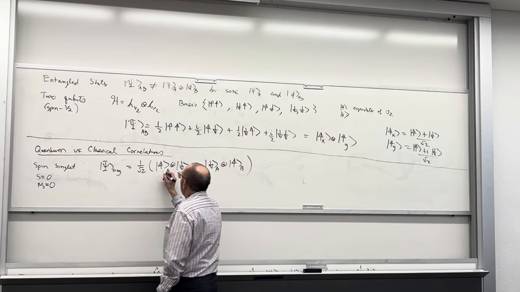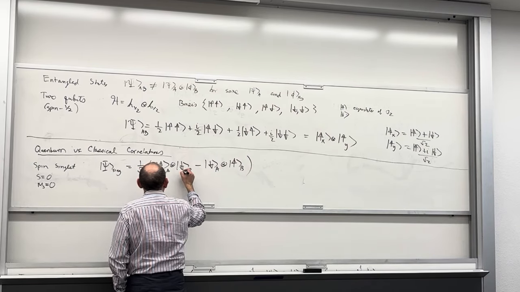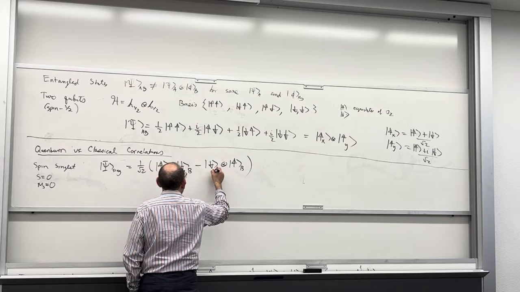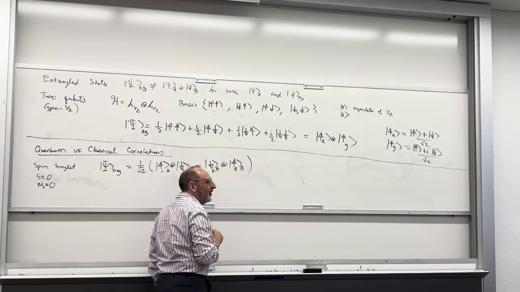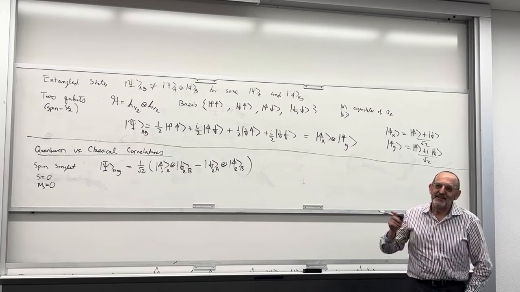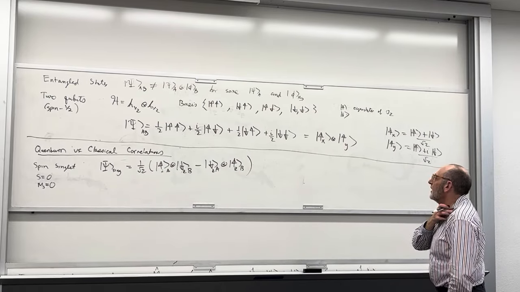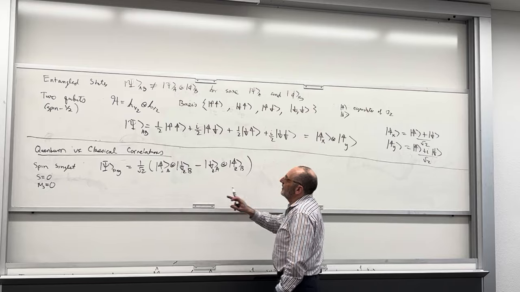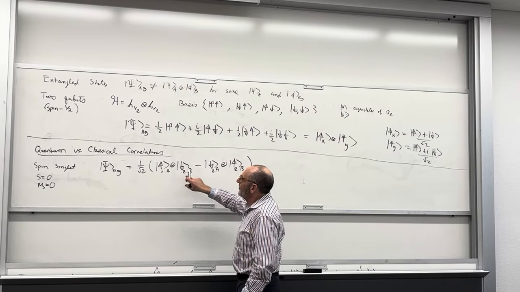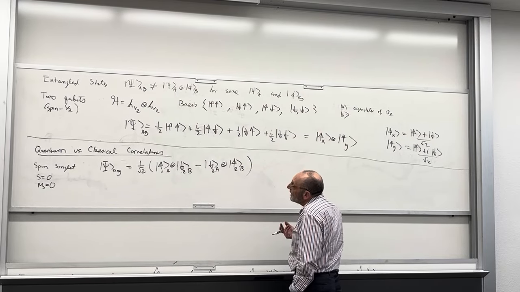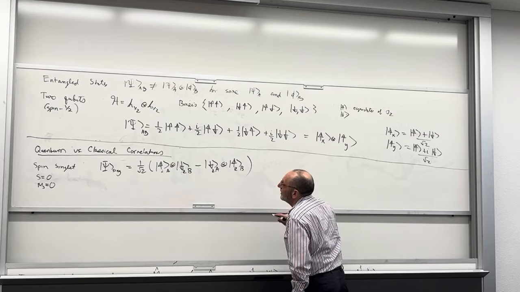And I'll just emphasize here that these computational basis states, as we like to call them in information, are spin up and spin down along Z. These spins obviously have a kind of correlation. They have an anti-correlation.